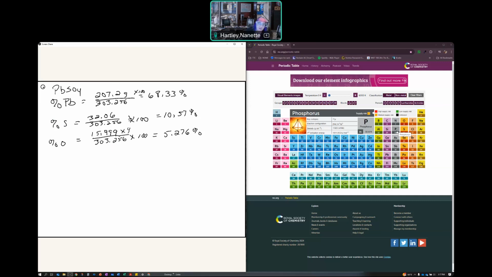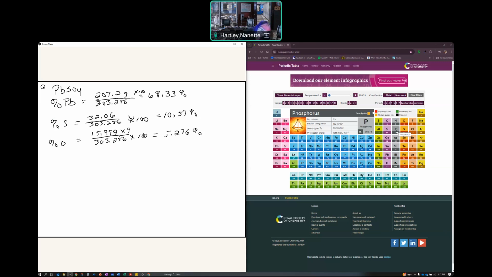So I failed to take into account all of the mass that should come from the oxygen. So 15.999 times 4 should end up being 63.996 divided by 303.256, and then multiply that by 100.